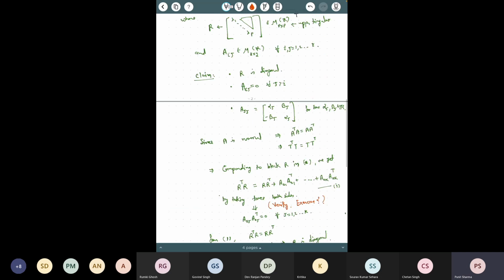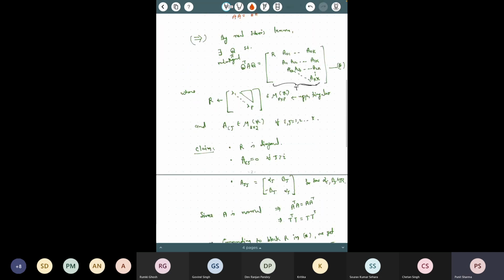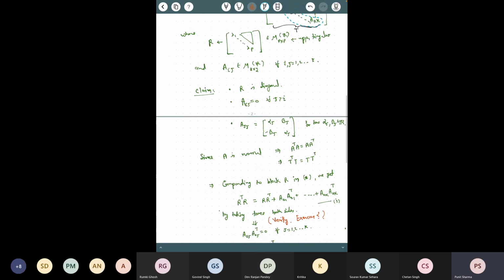Now if this is true, then this implies that this matrix T is block diagonal. So the proof is over if we just show that the diagonal blocks, that means A11 to AKK, have this particular structure.